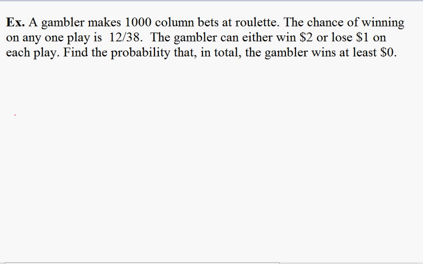To get started on this, we look at the expected value of any one play. So the expected value of x sub i. Well, we find the expected value. The possible values are 2 with probability 12 over 38, and the other possible value is -1, losing $1, and the chance of that happening is 26 out of 38.